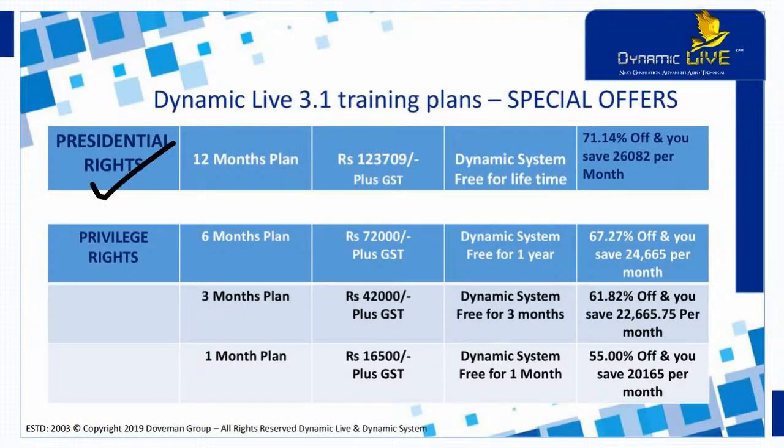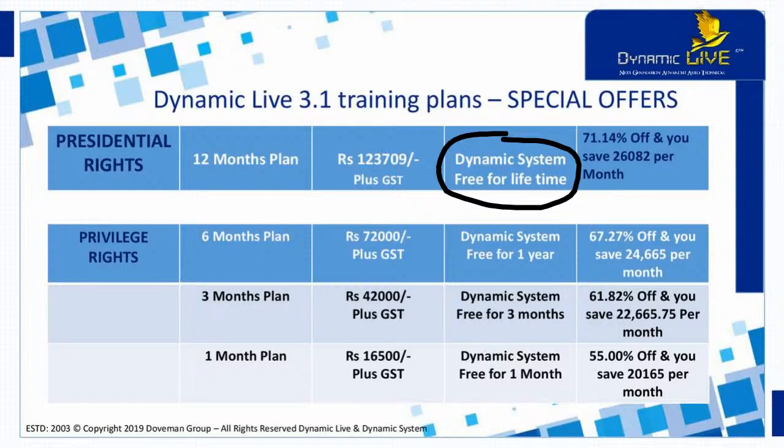We have the presidential rights, where you get the same 12 months plan. Instead of investing 4,39,000, today you can invest only 1,23,000, where you get dynamic live for one entire year. And you also get dynamic system free for lifetime. Now what is this dynamic system? Dynamic system is another intelligent software like dynamic live. It also gives you the right entry and right exit, and it helps you to do some amazing positional trades.